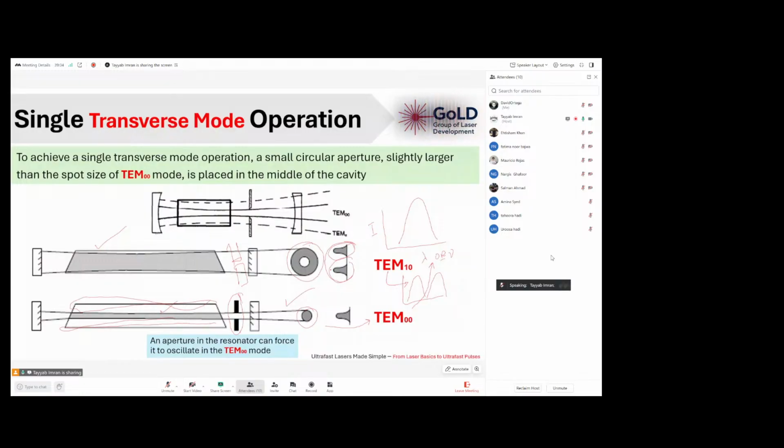So it's obvious that in this case the overall energy will be reduced, but you have a fine beam. In some cases, especially military and defense applications, the beam profile is not important, but energy is important.